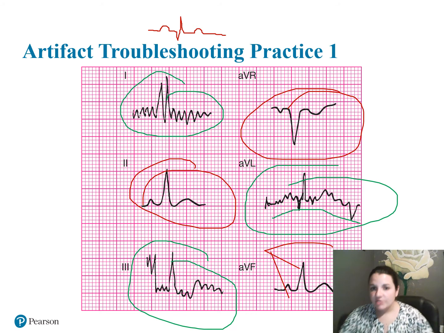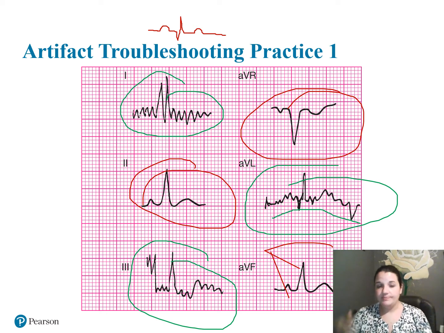So how do we fix the problem when we get an EKG rhythm like this? We're going to go back to our hand motions. Lead 1 is right arm to left arm. Lead 3 is left arm to left leg, and AVL is your left arm. So out of those three leads, what electrode is the common electrode?